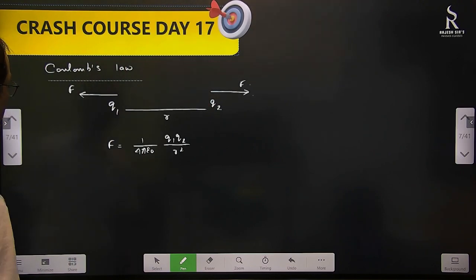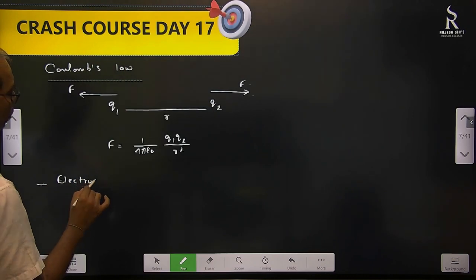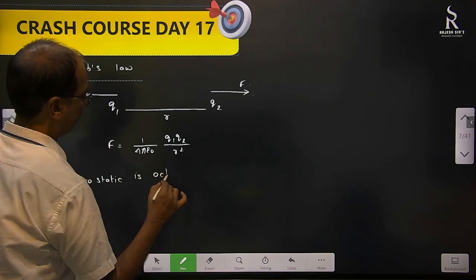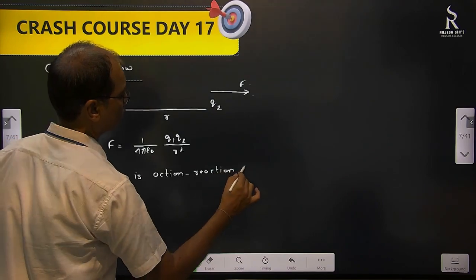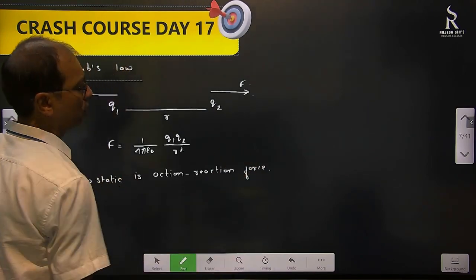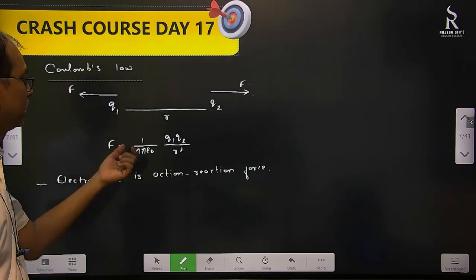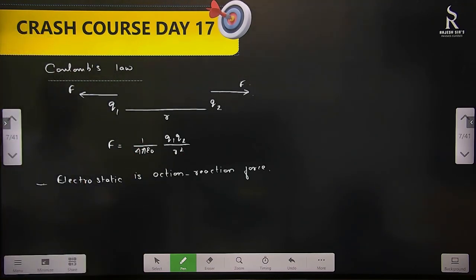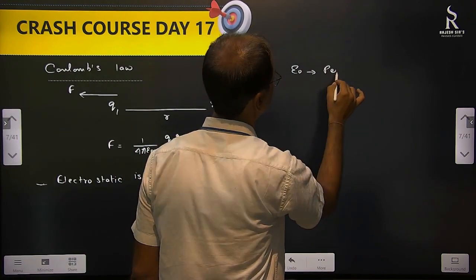So that's why it is said that electrostatic force is an action-reaction force, because it's acting on both objects. One we can call action, the other is called reaction, and its magnitude is equal to 1 by 4 pi epsilon naught Q1 Q2 by R square. This epsilon naught here is permittivity.